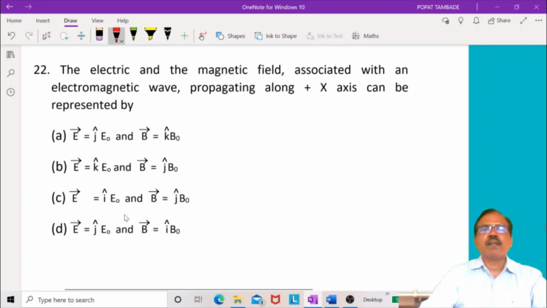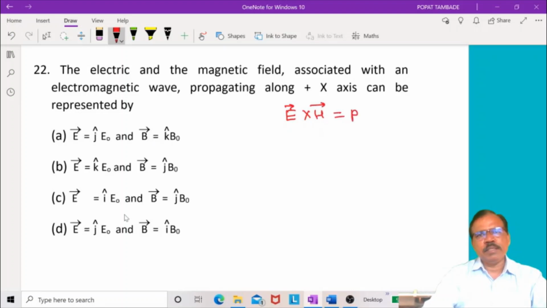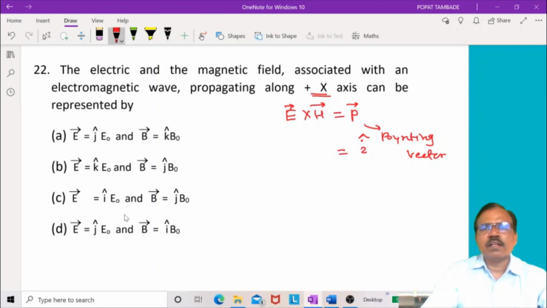Now see here, the direction of propagation of an electromagnetic wave is given by this equation: E cross H is equal to P. P is the Poynting vector, and this Poynting vector is along the direction of propagation of the wave. Now the wave is propagating along the x-axis, so the unit vector along this is i. So here is a cross product of two unit vectors. So we can write here E.